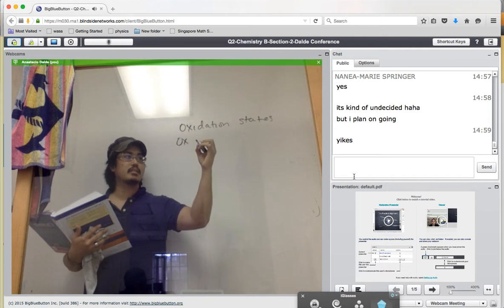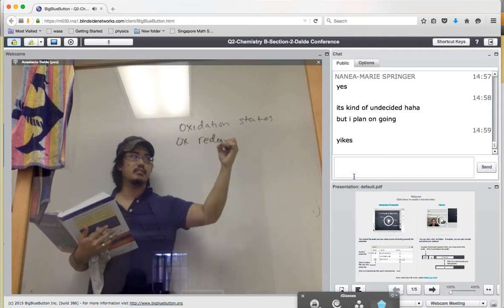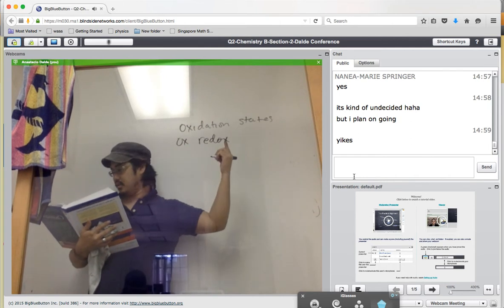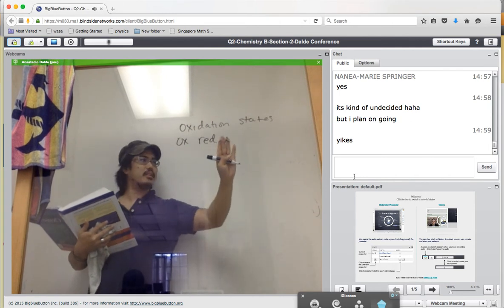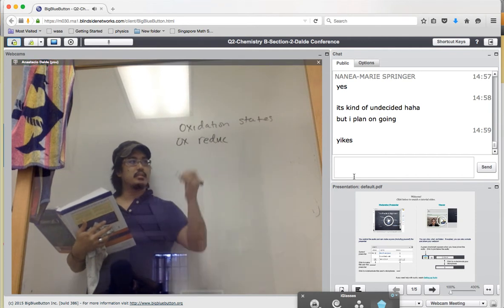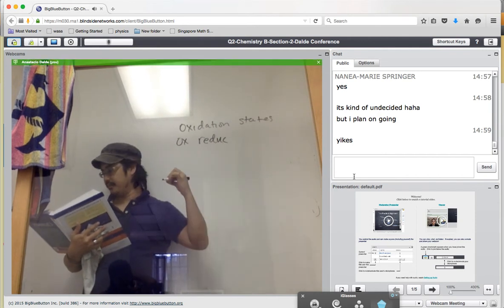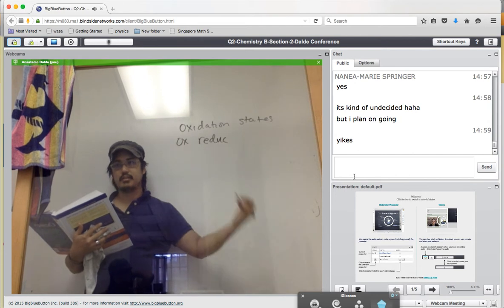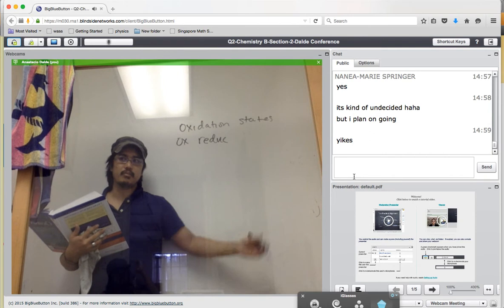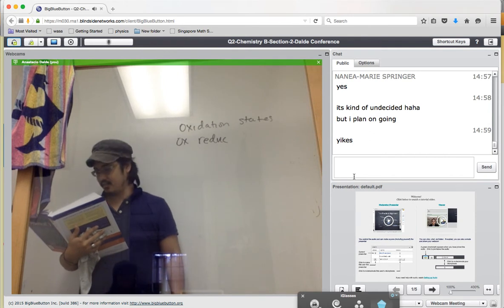OX redox, which stands for oxidation and reduction. I don't know what redox is. It's reduc. It's oxidation reduction reactions. That's what it's called. And I think when I was in college, I called them oxyredox. I don't know. I thought it was a cute name.